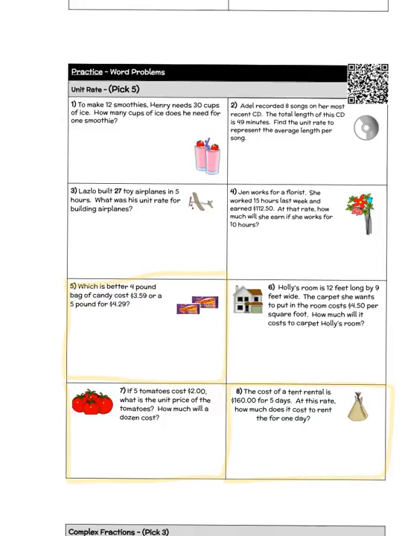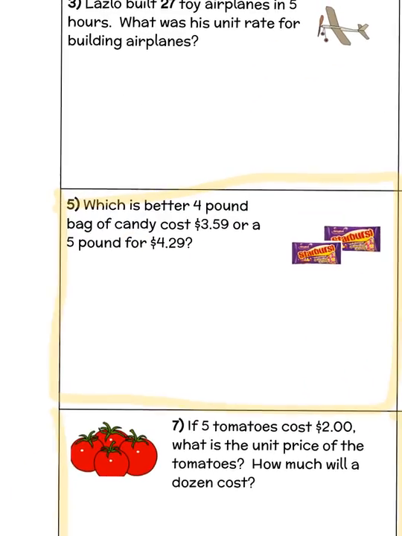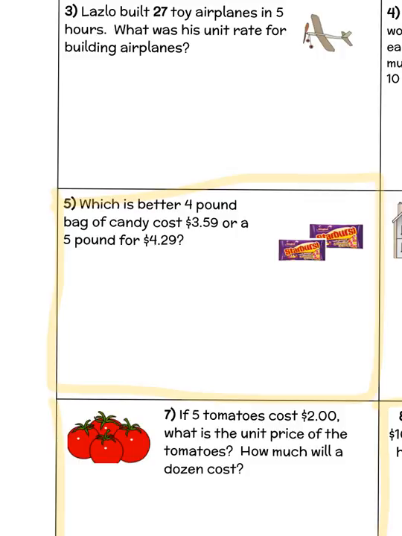Okay, so let's look at number 5. It says, which is better, 4-pound bag of candy costing $3.59 or a 5-pound bag costing $4.29? All right, so remember, our amount of money goes on top.